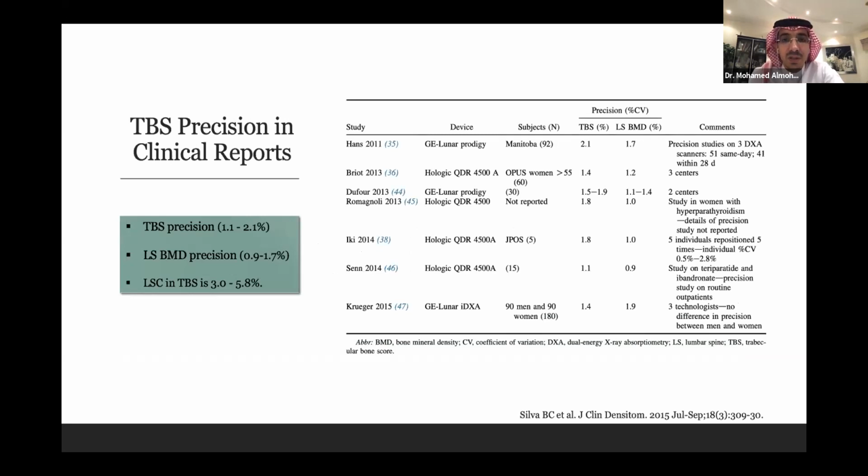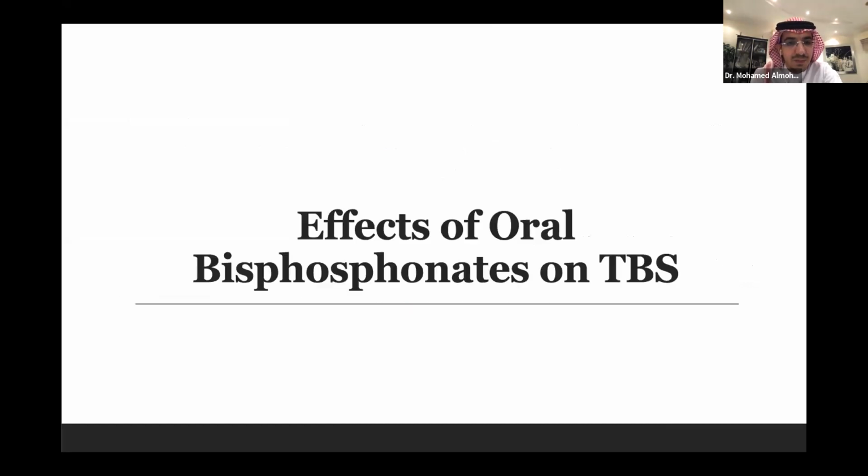The TBS precision was quite good, actually. It's lower in comparison to the BMD, but the TBS precision from this study is around 1 to 2.1%, and the least significant change has been proposed by the International Society. If you don't have your own institute's least significant change, it is roughly between 3 to 5.8%.